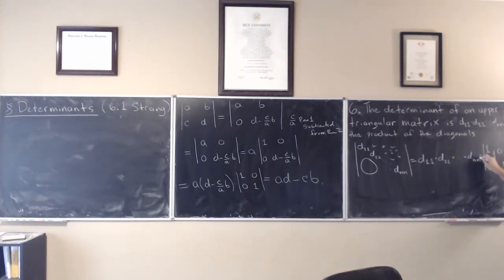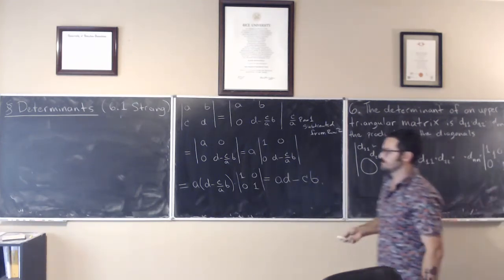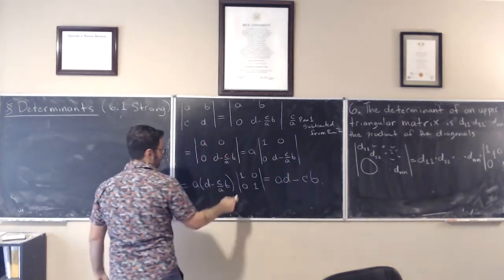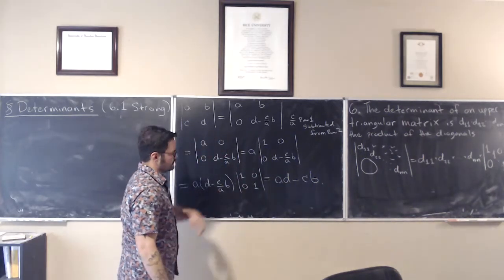And the determinant of identity is 1, so you're just left with the pivots. And that's what's happening here. It's just the product of the pivots.